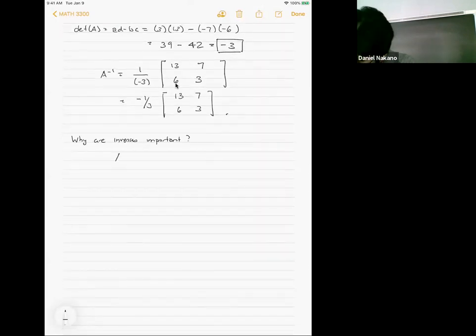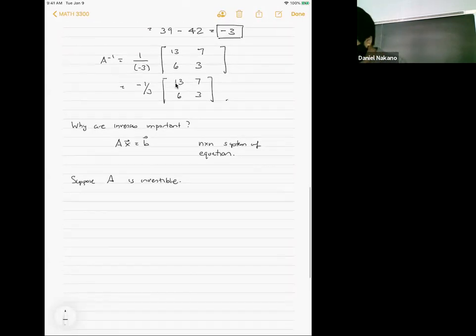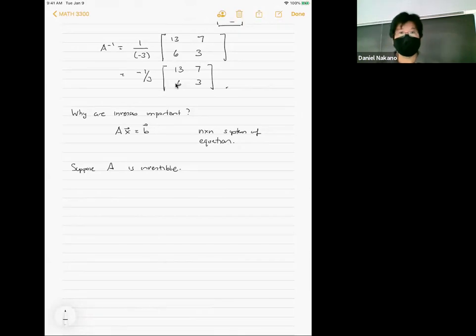So let's say I have a system of equations. So I have AX equals B, and this is an n by n system of equations. Okay, so it's kind of a special case. So you have n equations and n unknowns. Okay? Now suppose A is invertible. Okay? So we can take this equation and, well, what's the thing we normally do?